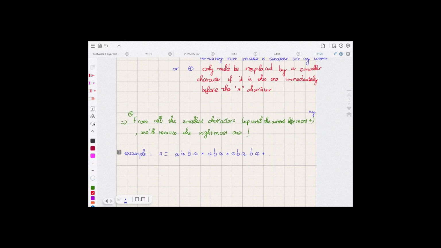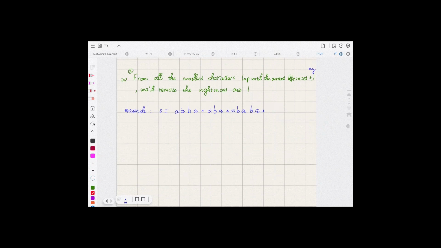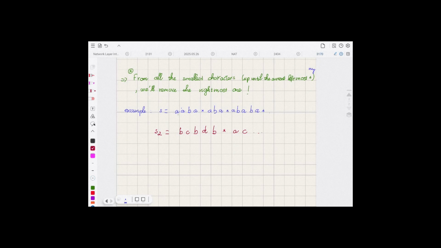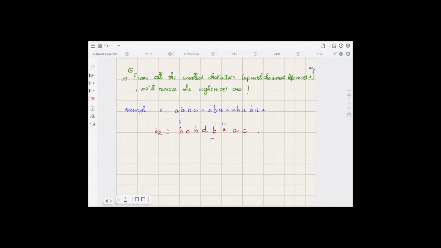Why is that? Let's take an example here. In this case, we can see that the smallest character to the left of this star is certainly B, right? If we delete B at index 0 or index 2, it will be replaced by a bigger character, and it will make the next string bigger.